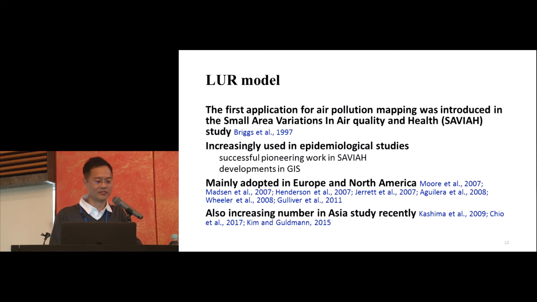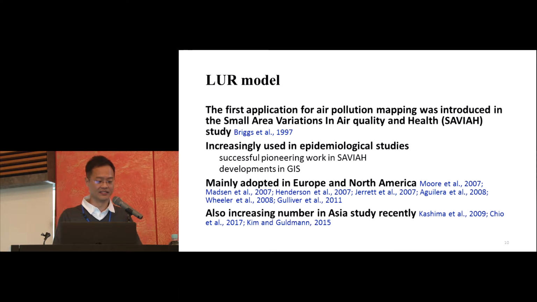The first application of an LUR model for air pollution mapping was introduced in a project named Small Area Variations in Air Quality and Health, the SAVIAH study. After that study, it became increasingly used in epidemiological study because of the successful pioneer work in this project.